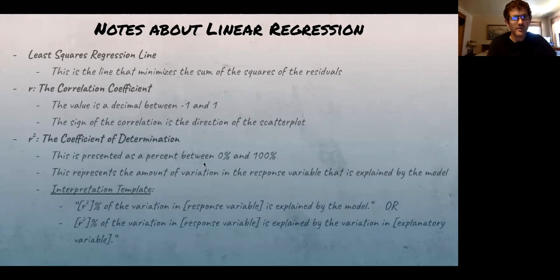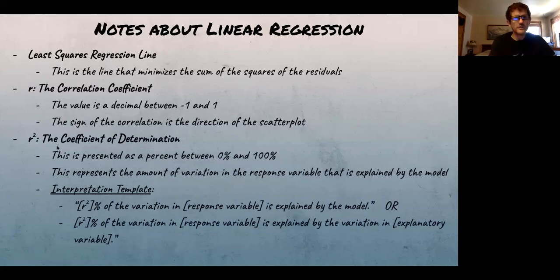Okay, sorry about that. Anyways, the coefficient of determination, that's R squared, is a percent explaining the amount of variation of the response variable. So I have a few of these interpretation templates. You could say this a couple different ways. So, blank percent of the variation in the response variable is explained by the model.